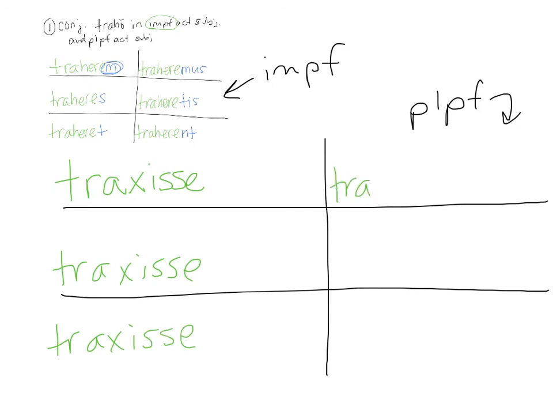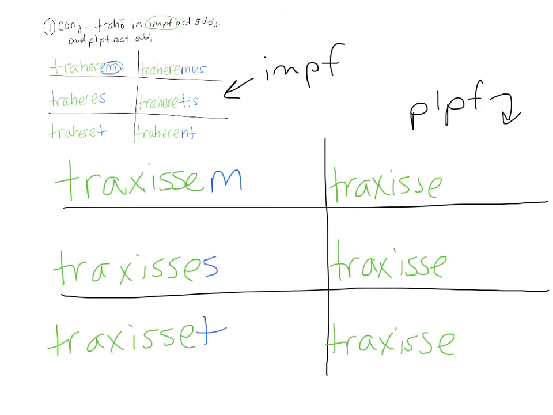If I ask to see your notes, I should see that you have followed along, you've taken notes, and you've written these charts, and that you've labeled them. And then I'm going to add the personal endings, M, S, T, mus, tis, nt. And because these are pluperfect, I would translate with had, whereas the imperfect, I translate with was.